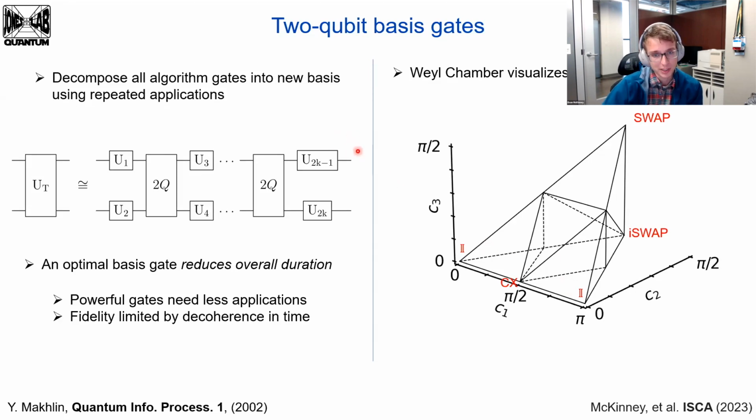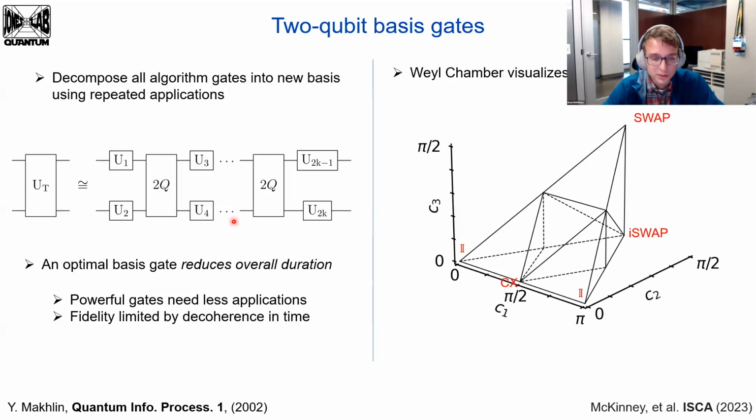The picture looks like this, where for every 2-qubit gate in the circuit that you hand me, my transpiler would decompose it into sequences of my 2-qubit basis gate. And I would have to play my 2-qubit basis gate enough times so this decomposition is possible. By that, I mean there exists a solution to the single-qubit interleaving gates to make the decomposition.